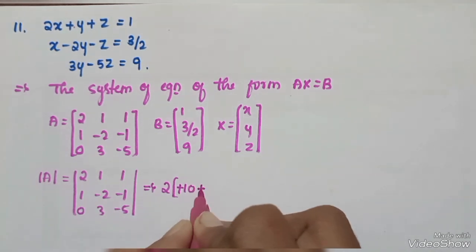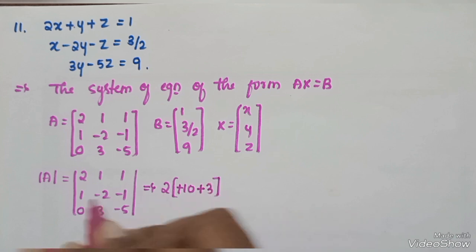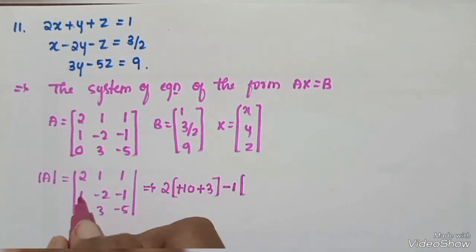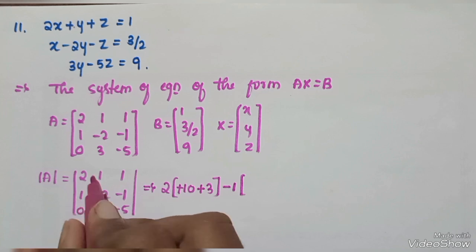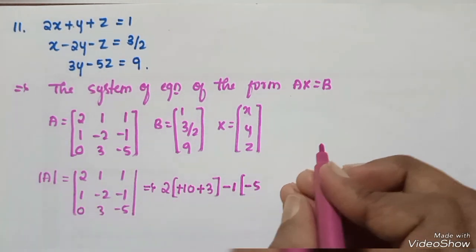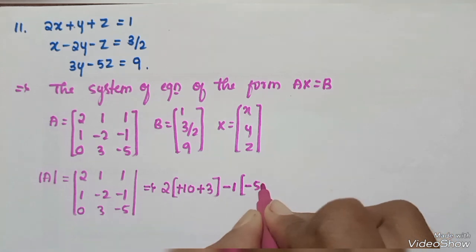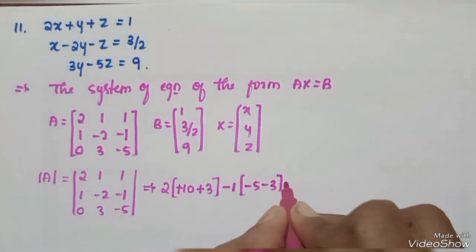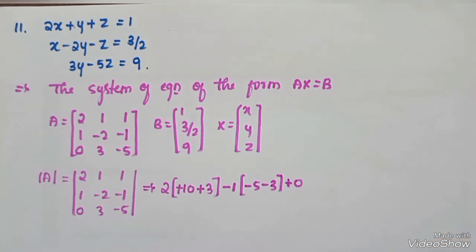Here 1 minus, it becomes plus 3, minus 1 into 5 minus 5, 3 into 1, 3. There is a minus, minus 3. 0 into anything becomes 0.